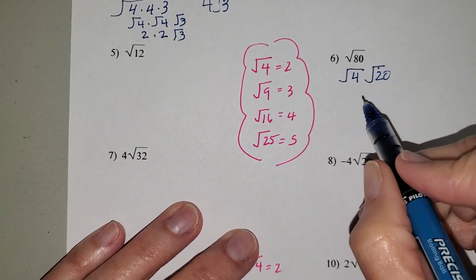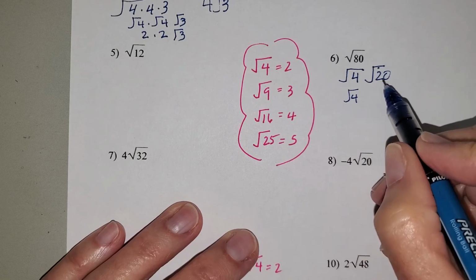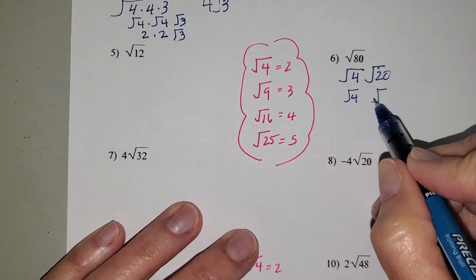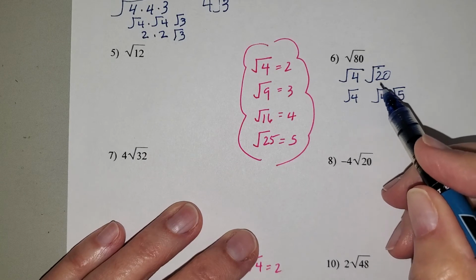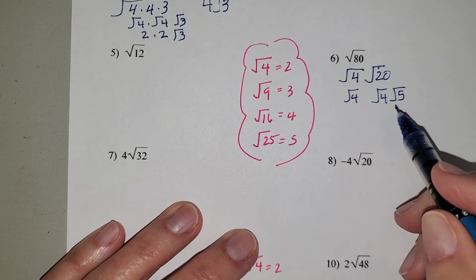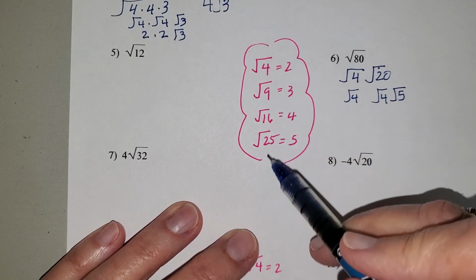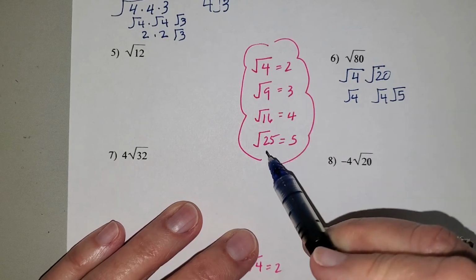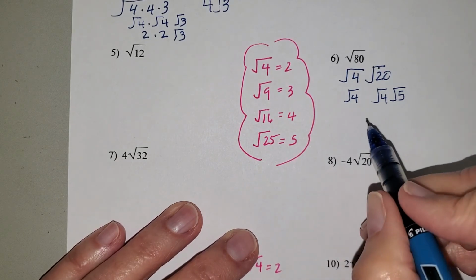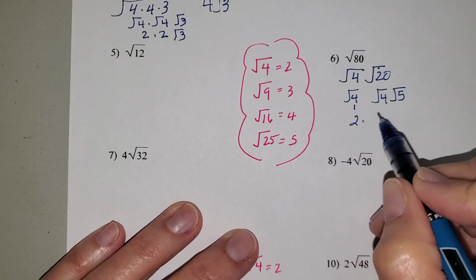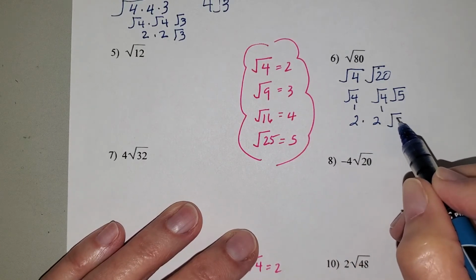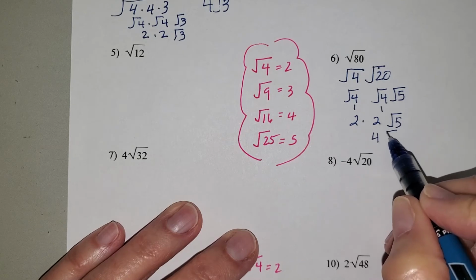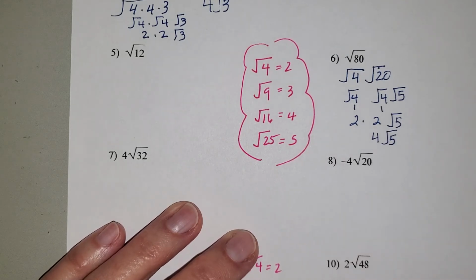We can. So we'll bring down this. Square root of 20 is the square root of 4 times the square root of 5. Again, we don't want to use 2 times 10 because neither 2 or 10 is a perfect square. We always want to factor first with the perfect square. So for here we get a 2, here we get a 2, and the square root of 5 we can't do, so we have 4 radical 5.